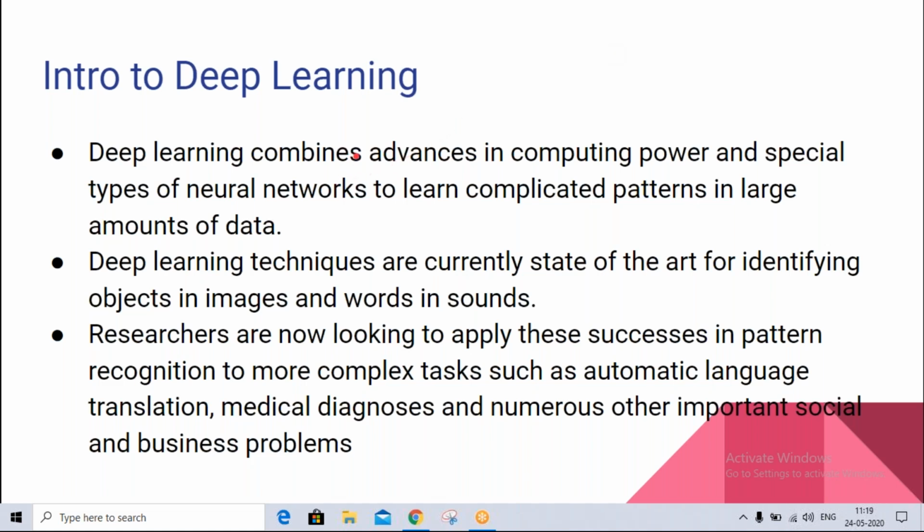Okay, now looking at deep learning, what exactly is deep learning? So deep learning combines advances in computing power. If somebody had asked me this maybe 10 years ago, the deep learning concept was still there, but was it possible to apply deep learning? I would say no, because at that point of time we did not have that huge amount of computing power.